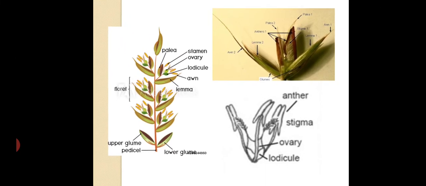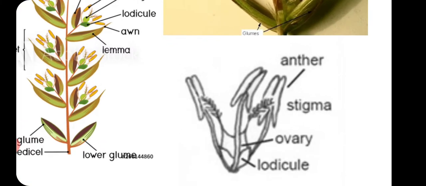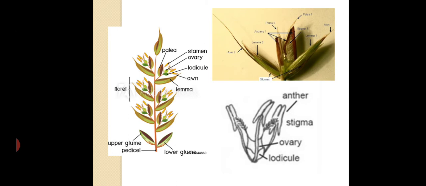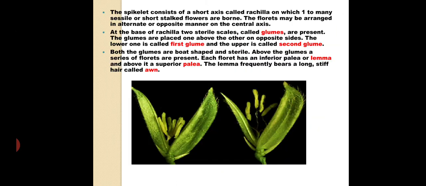That is the actual structure of the spikelet glumes, and inside we can see the flower with its sexual structures. One more item is there: the lemma frequently bears a long stiff hair called an awn.